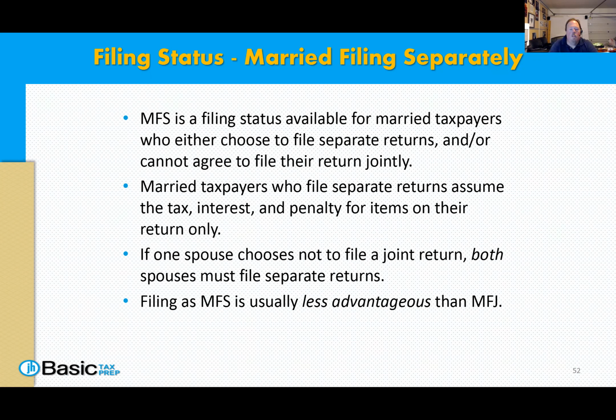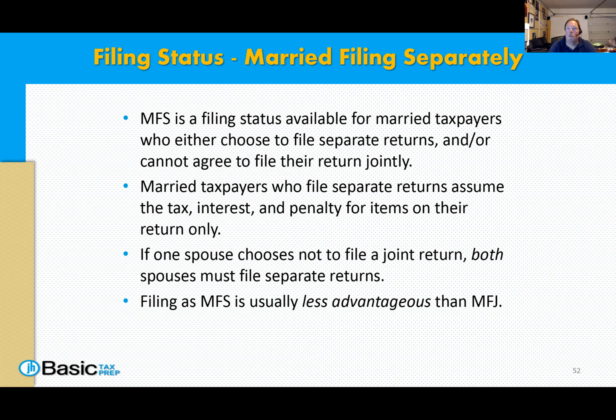If one spouse chooses not to file a joint return, guess what? One does it, both get to do it. You can't have one person filing jointly and one person filing separately. The IRS system automatically kicks them out.